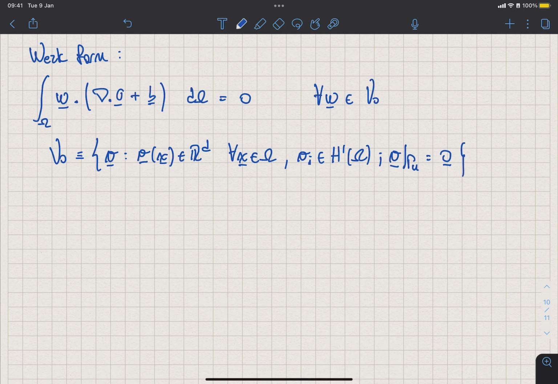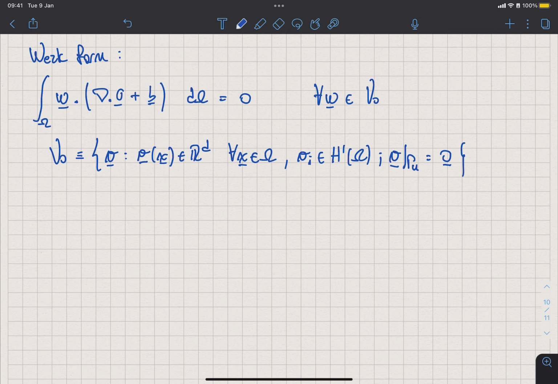No. The Sobolev space, if you remember, was the space of functions that were square integrable and which had derivatives up to a certain order that were also square integrable. So in this particular case, H1 is a set of functions that are square integrable.